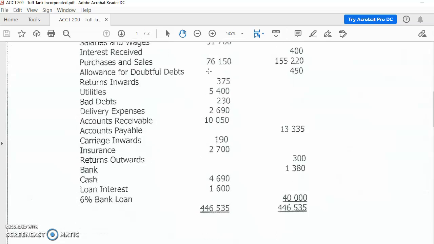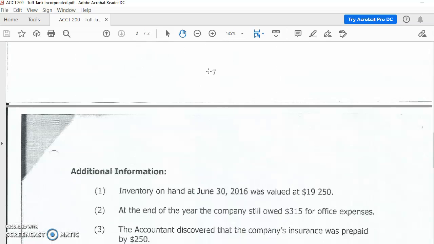So we're seeing here that the additional information states that they paid $9,800, but they still owe an additional $315. And remember, our concept states we have to account for that within this accounting period. So that outstanding amount is what should have been paid.